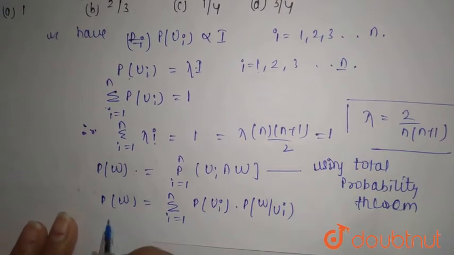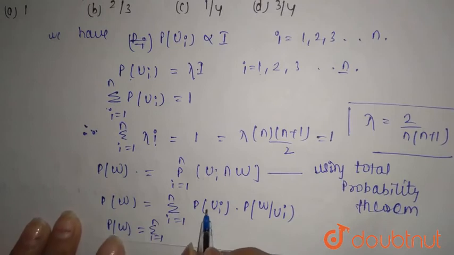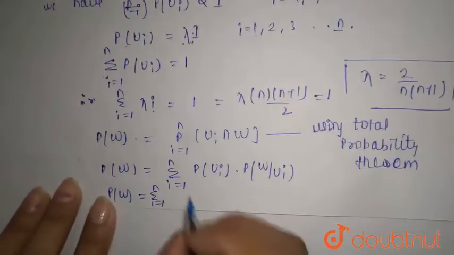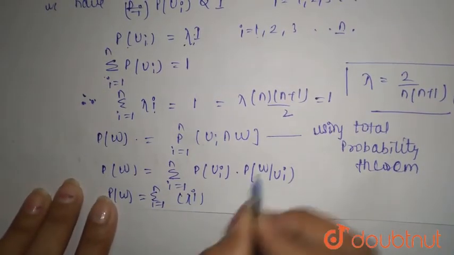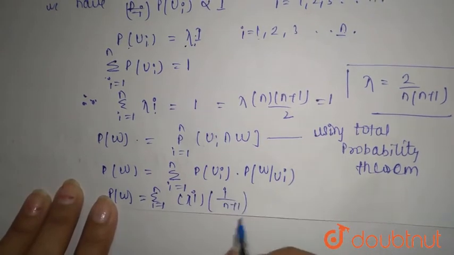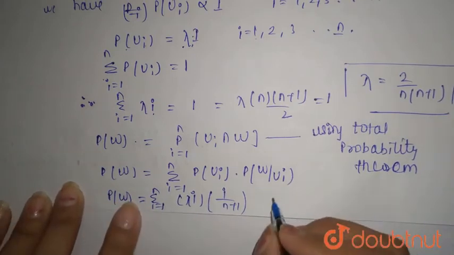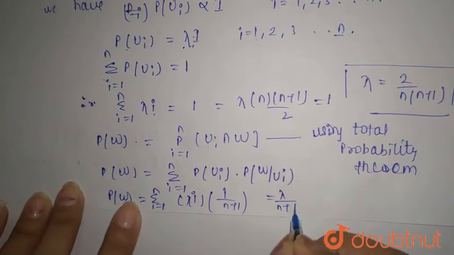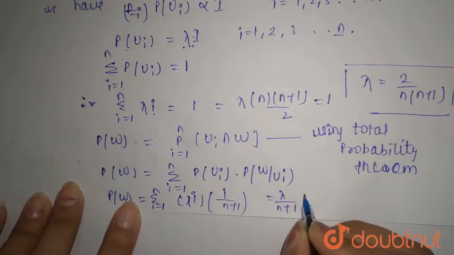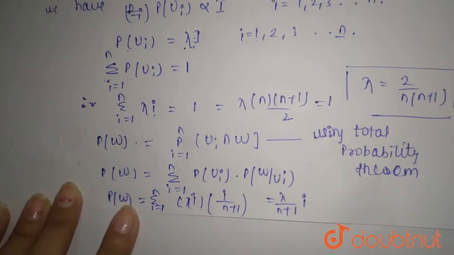So P of W is the summation, i equals 1 to n, of P of Ui, which is nothing but lambda times i. Putting the value lambda times i, and P of W given Ui will be i upon n plus 1. So this will be lambda upon n plus 1 into i, and again the sum of i equals 1 to n.